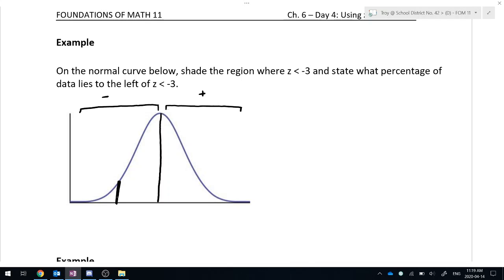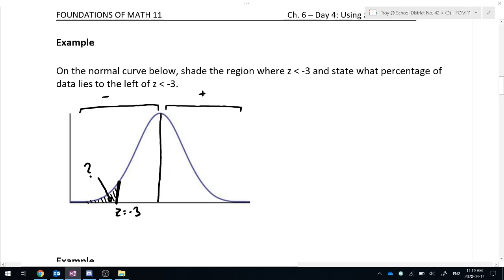It says shade the region where z is less than -3. So this is going to be that area. That's the shaded portion because z is equal to -3 right there. And the question is, what percentage of the curve lies right there?